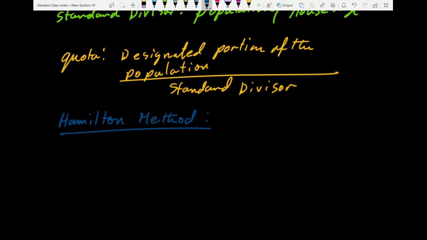Another word for it is the method of largest fraction.